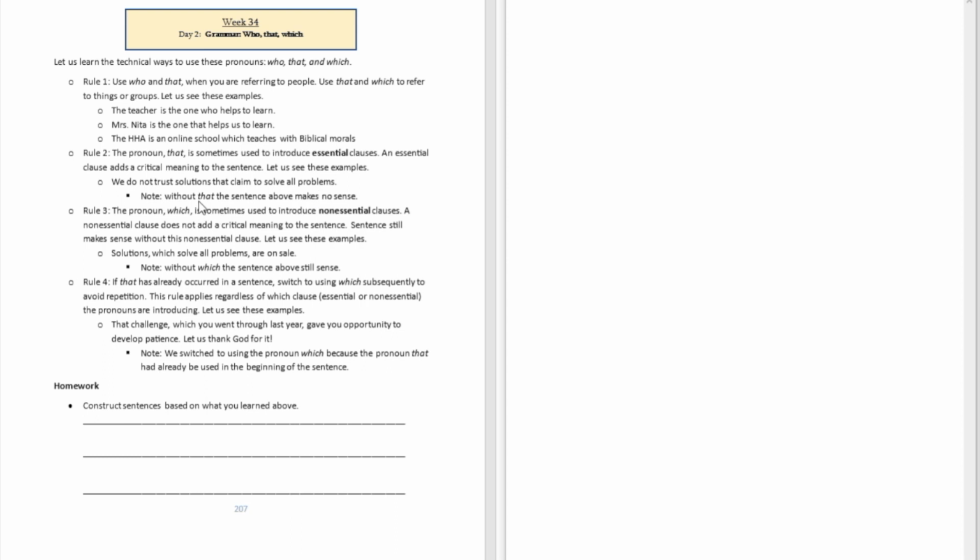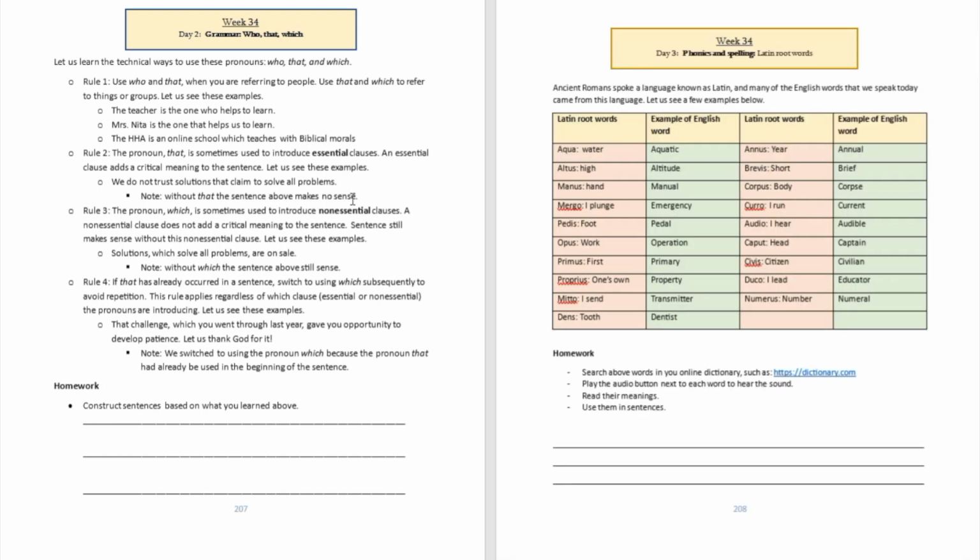Did you see that the word that in that sentence emphasizes the word solutions? Without that in the sentence above, the sentence makes no sense.